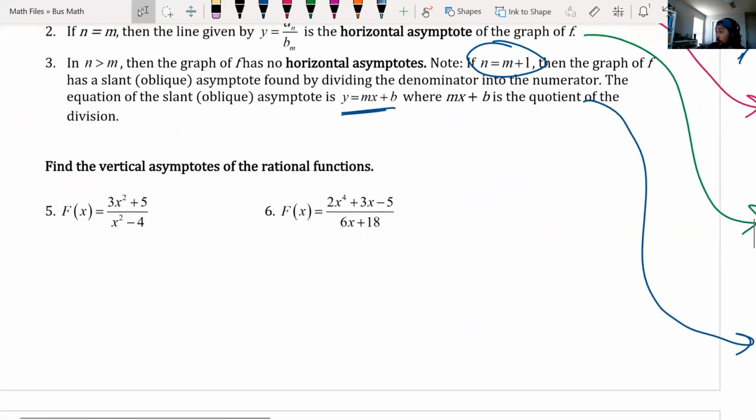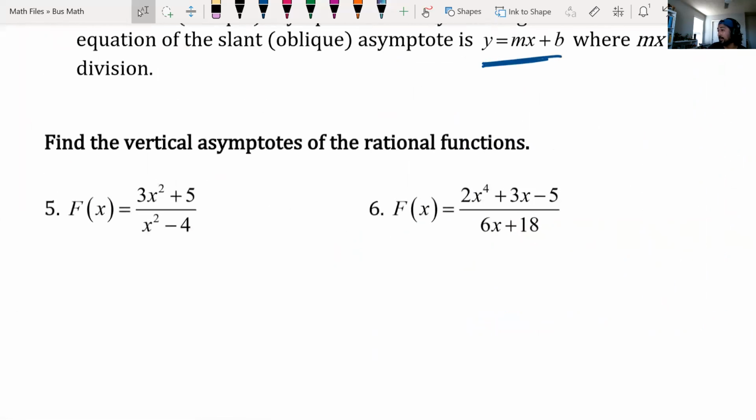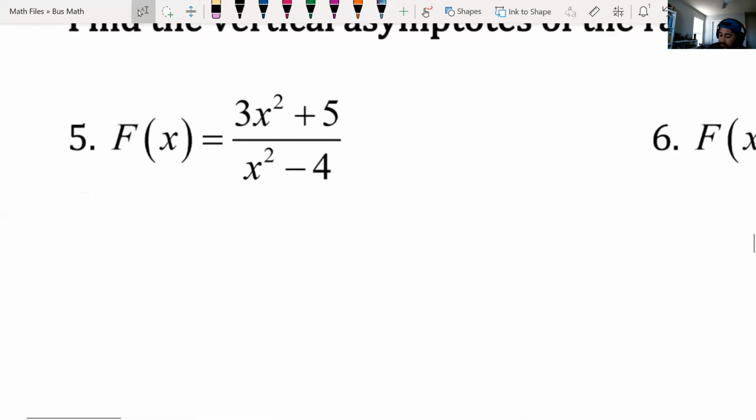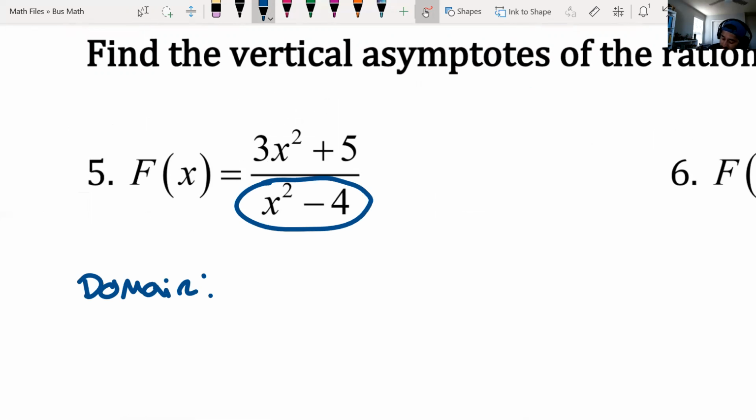So here we want vertical, and remember that to find vertical asymptotes, I said vertical asymptotes come from your denominator and your domain of your given function. So for number 5, to find this vertical asymptote, the first thing I'm going to do is find the domain of it. And to find the domain of a rational function, you take the denominator and you set it equal to 0.